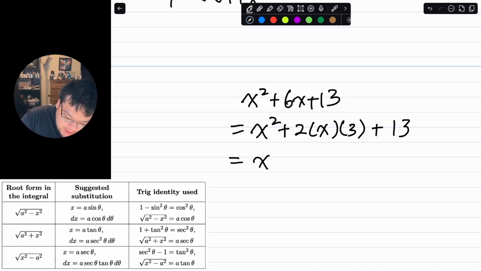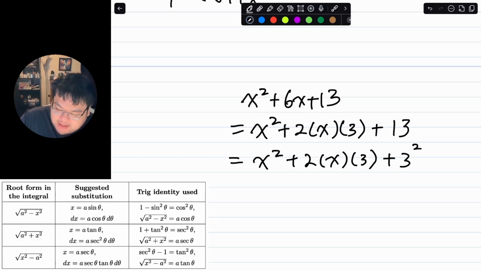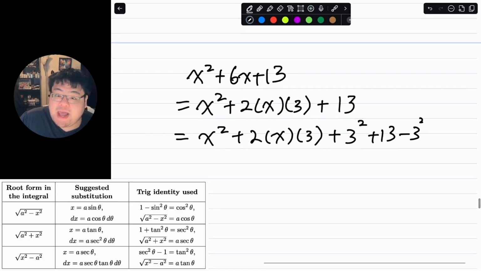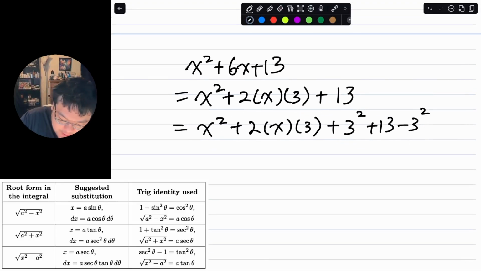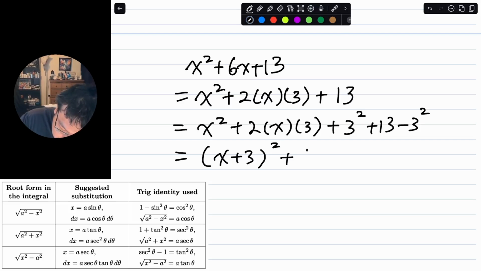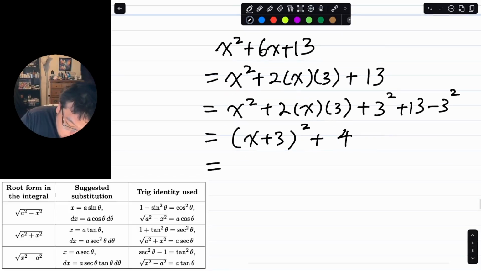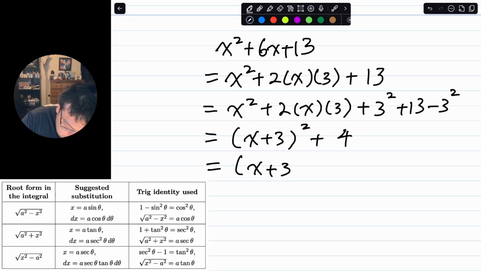So if I need to make it a square, I need to have 3 square, and then plus 13 minus my 3 square, because I add 1 copy, so I need to subtract 1 copy. So we'll have x plus 3 whole square plus 13 minus 9, which is 4. And in particular, I will want to write it as 2 square.